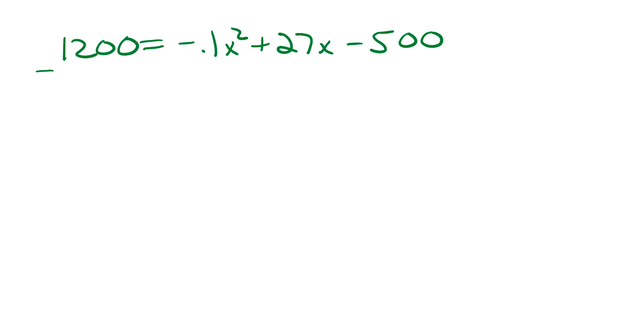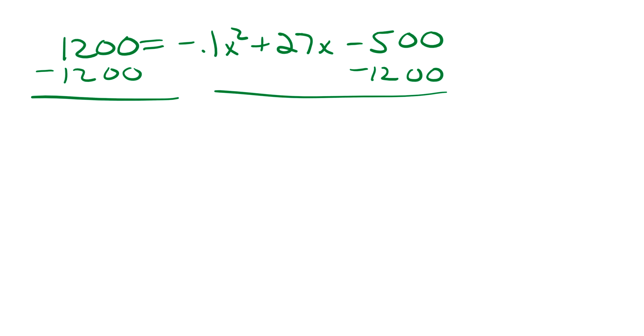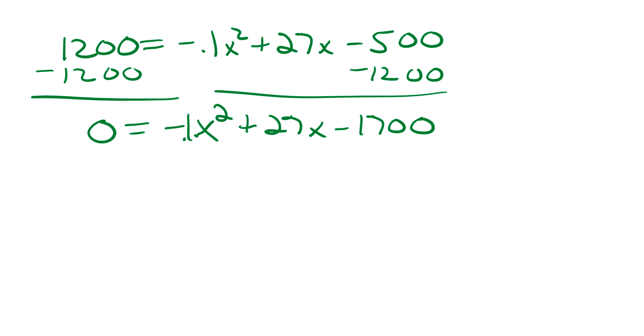So how about if I subtract the 1,200 now to get it equal to 0, and then I'll have my numbers for my quadratic formula. So 0 is going to equal -0.1x squared plus 27x minus 1,700.